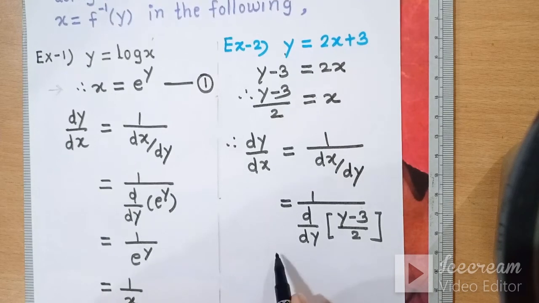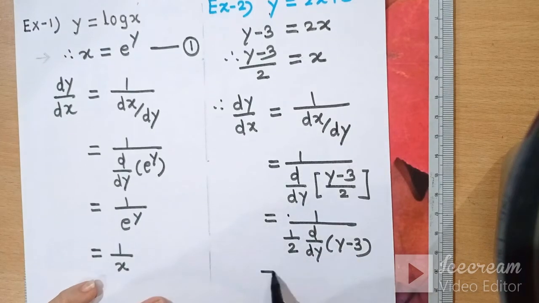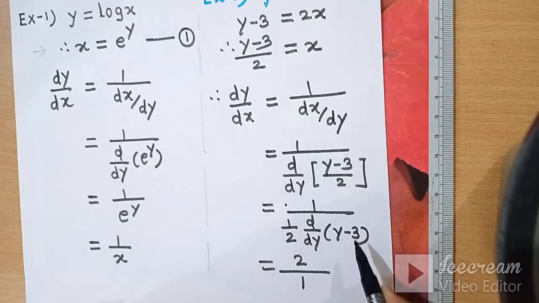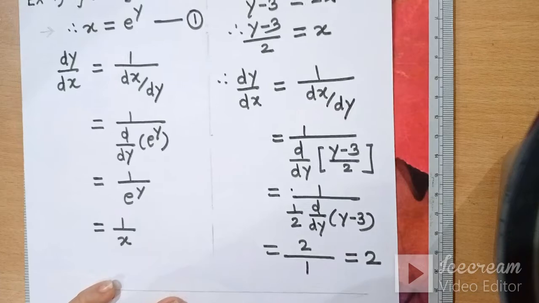This 2 is constant, so I am taking 1 upon 2 outside. This 2 will go upside, so 2, and the derivative of y is 1, and since 3 is constant its derivative is 0, and so the final answer is 2.